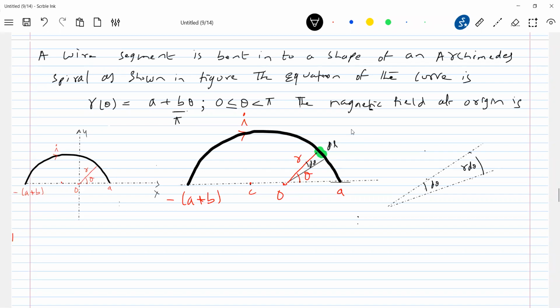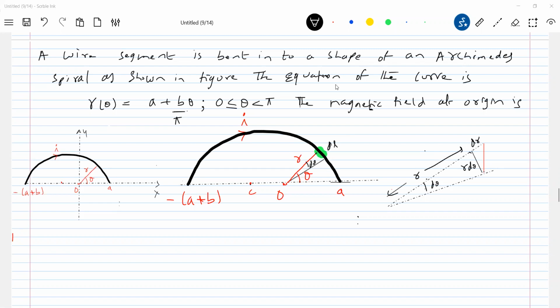So this length is r, and this length is r plus dr. Why should we assume like this?